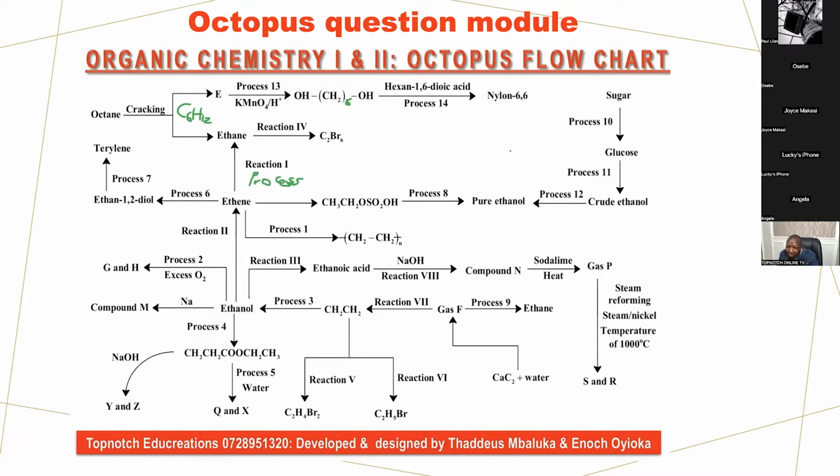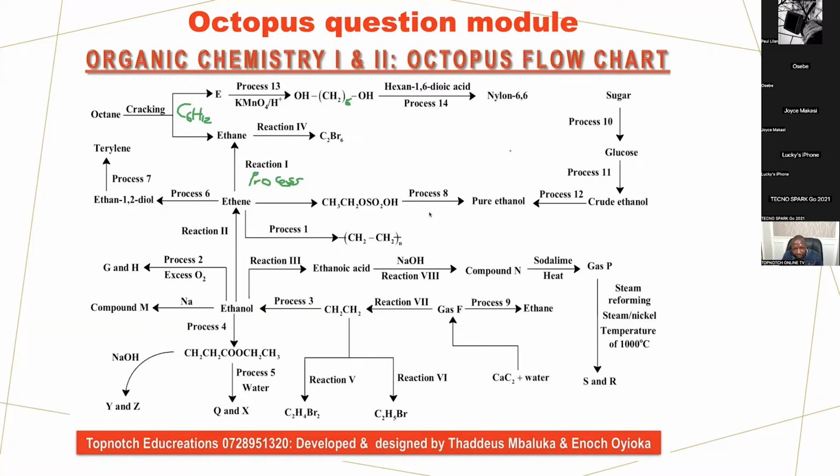That is enough. Crude ethanol to pure ethanol, process 12, is what? Fractional distillation. And then we have ethene reacting with sulfuric acid to get ethyl hydrogen sulfate. Then the ethyl hydrogen sulfate undergoes process 8 again to form pure ethanol. So what do you call that one?